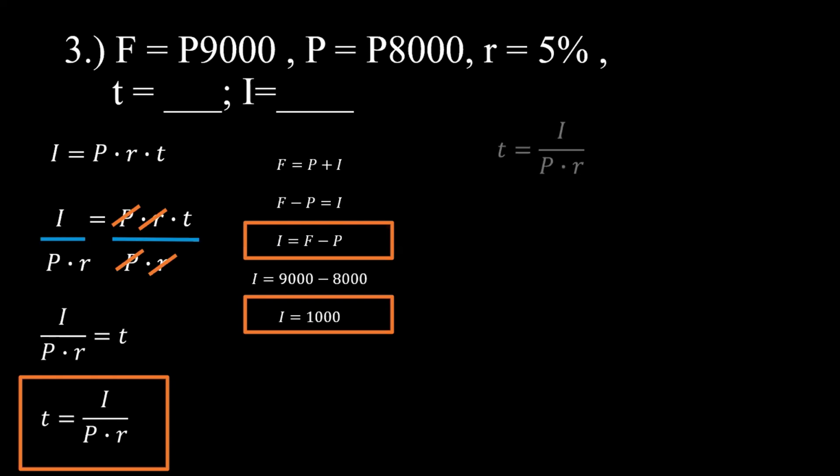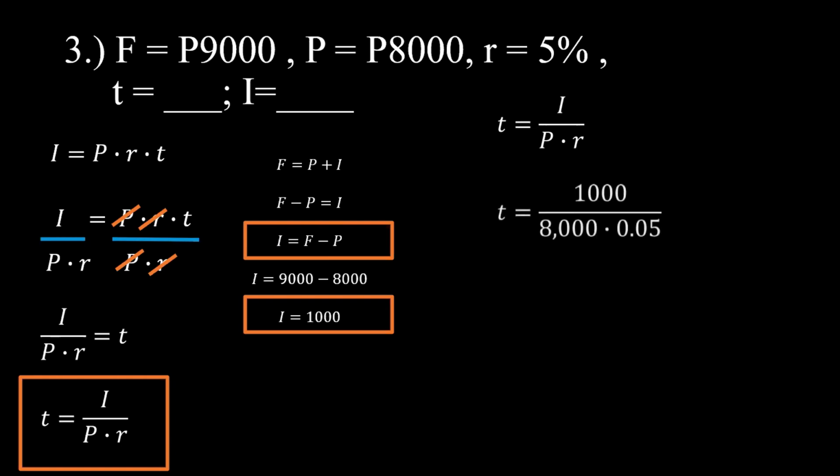And we are now ready to solve for the time or term using the formula T is equal to the interest all over the product of principal and rate. And we just have to substitute the values. For the interest, that is 1,000. For the principal, that is 8,000. And for the rate, that is 0.05.